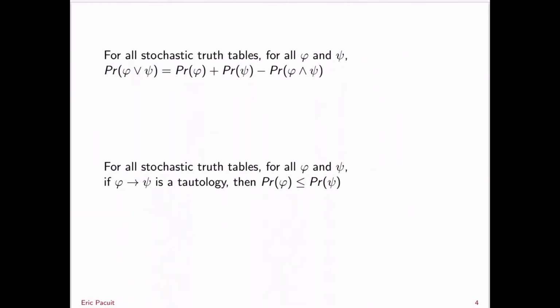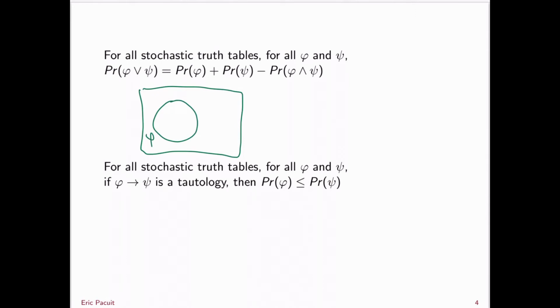Here's a general fact about disjunction. Remember, we said that if phi and psi were mutually exclusive, then the probability of phi or psi is the sum of the probability of phi plus the probability of psi. Well, what about if you just have two arbitrary formulas, phi and psi, that are not necessarily mutually exclusive? Well, it's easier to see if we draw a picture here.